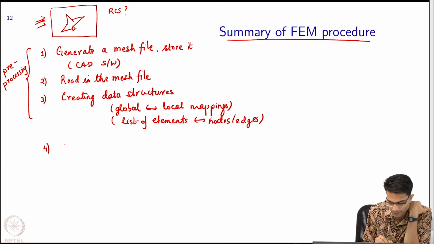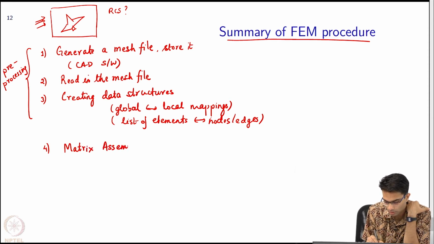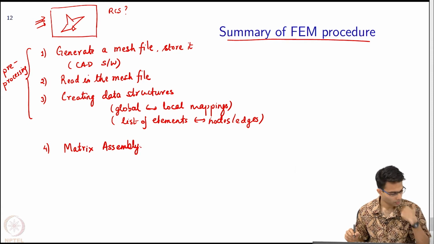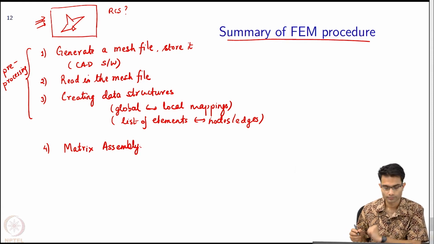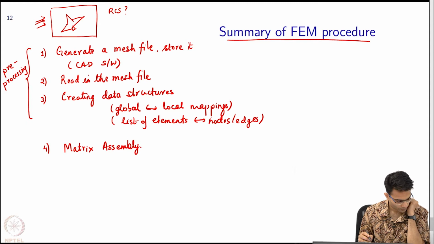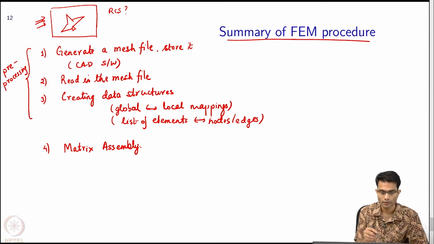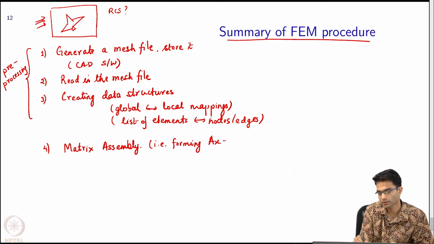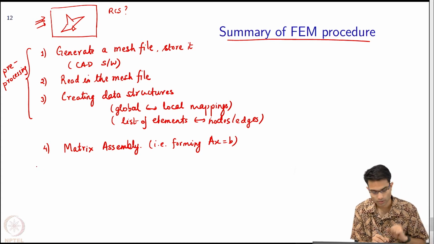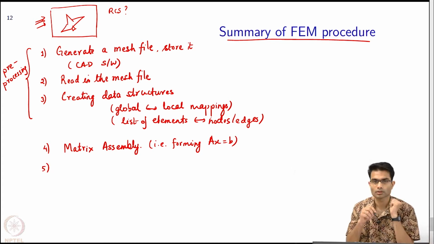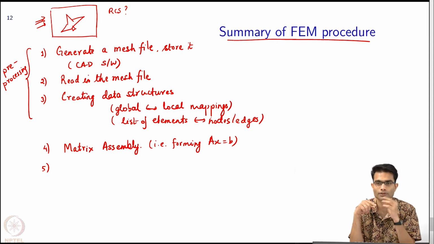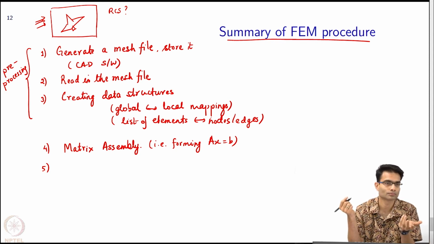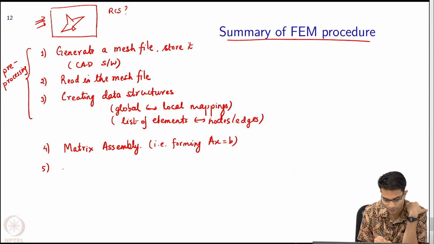It is called matrix assembly, that is, forming Ax = b. Next obvious step, once you've got Ax = b, what do you do? Solve it, right?